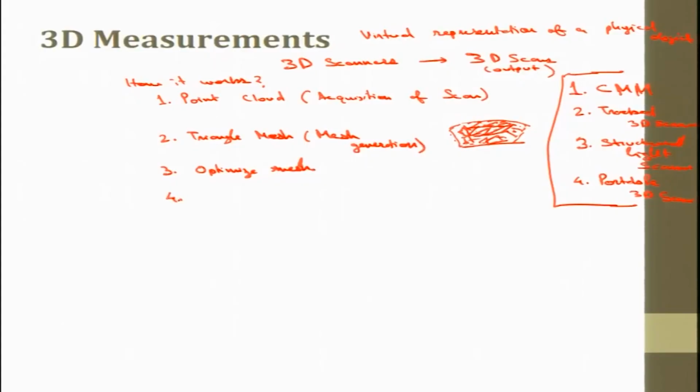The fourth point is the output of the mesh. Images and scans are brought into a common reference system where data is merged into a complete model.